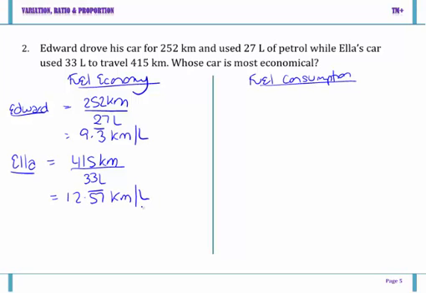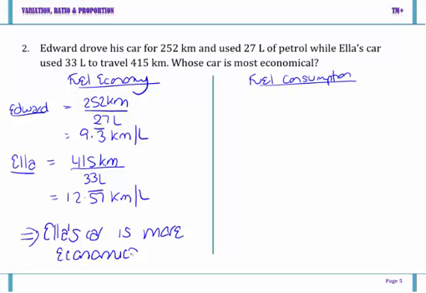So you can see here for fuel economy, we're looking at how many kilometres you can travel per litre. And from here you can see that Ella's car goes more kilometres per litre. So you're saying Ella's car is more economical because it travels further per litre.